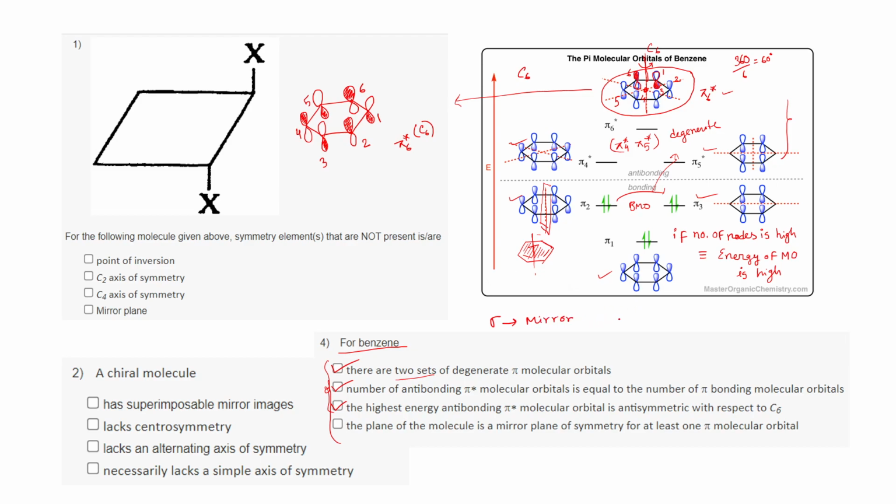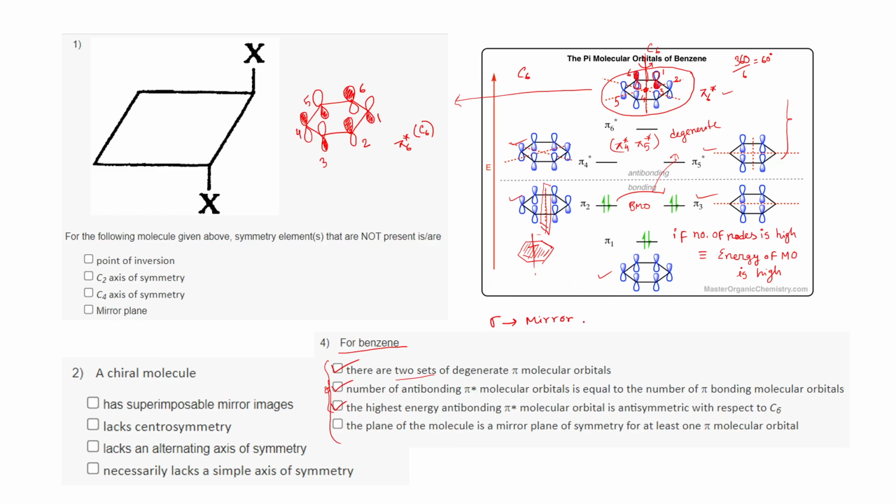Sometimes we call it element and sometimes we call it operation. When we are performing something, suppose we are rotating 60 degrees or C6, then I am saying I am operating C6, or C6 is an operation. But if after performing C6 it is symmetric, then I will call C6 a symmetry element of that molecule.